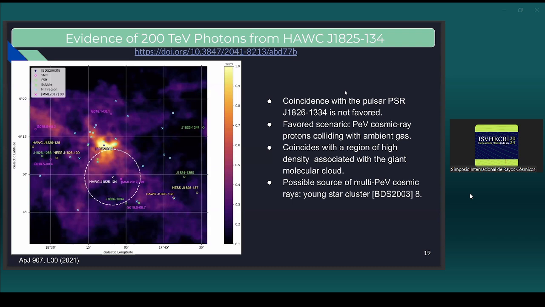And this ambient gas, here I'm showing you the column density of this gas, is associated with a young star cluster. So we identified that it is possible that this cluster may be another pevatron.